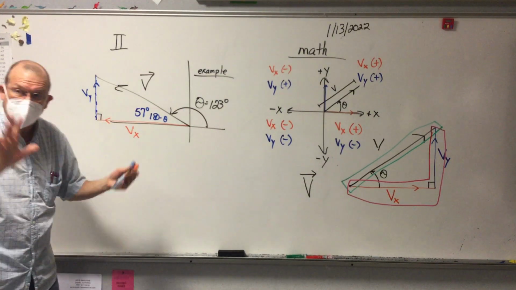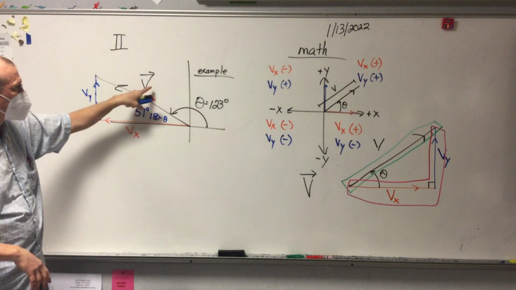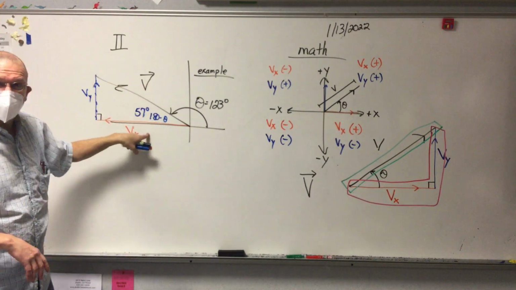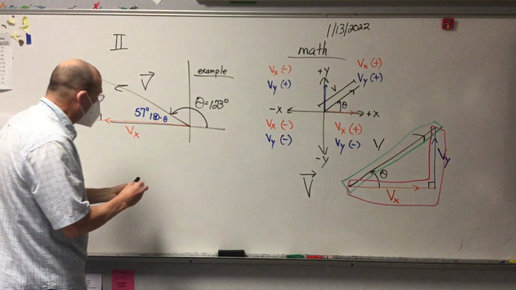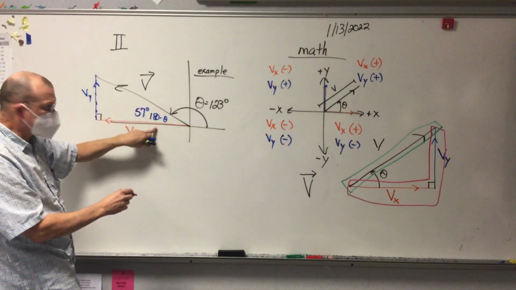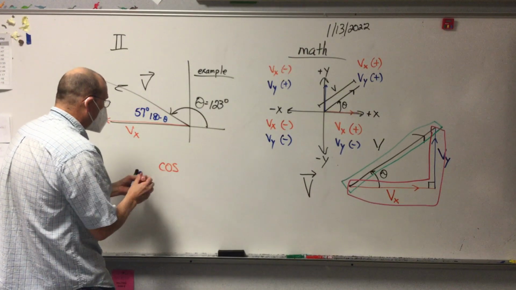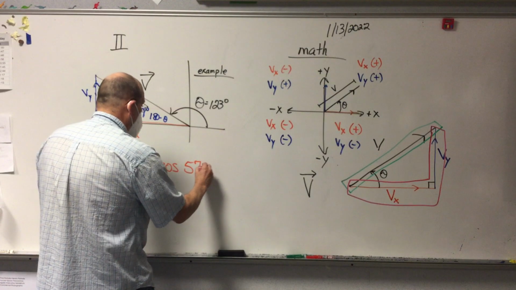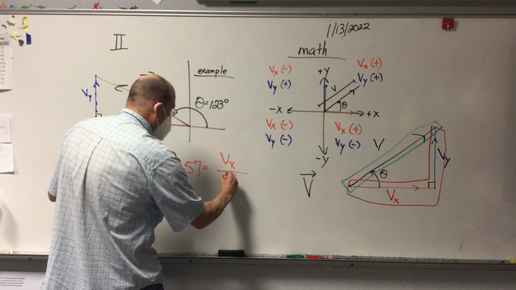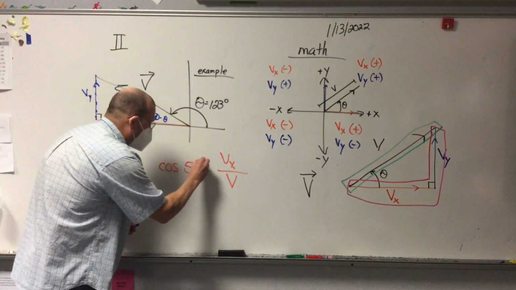In math, they will say, if I want to find this here, and remember, we don't have to put a number on this one yet, we would start by saying, we have the hypotenuse, this is the adjacent side, so we would say cosine 57 degrees equals the adjacent side Vx over the hypotenuse, which is just the magnitude of the vector.